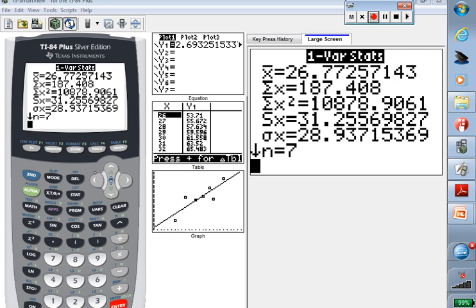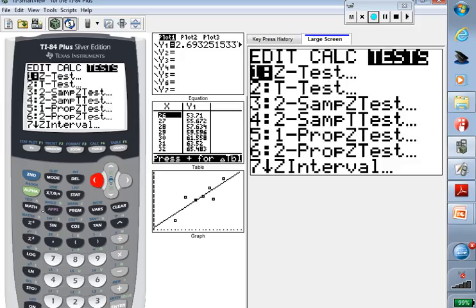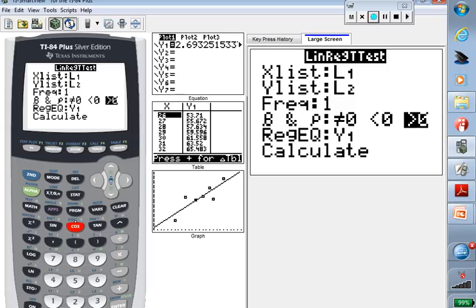Last time we saw, if we went to Stat, Tests, and we wanted F, the linear regression t-test, that gave us our correlation coefficient, that gave us our linear regression equation. It would even put the linear regression equation into our y equals for us. It did a lot of the work for us. Let me show you what else it will do.